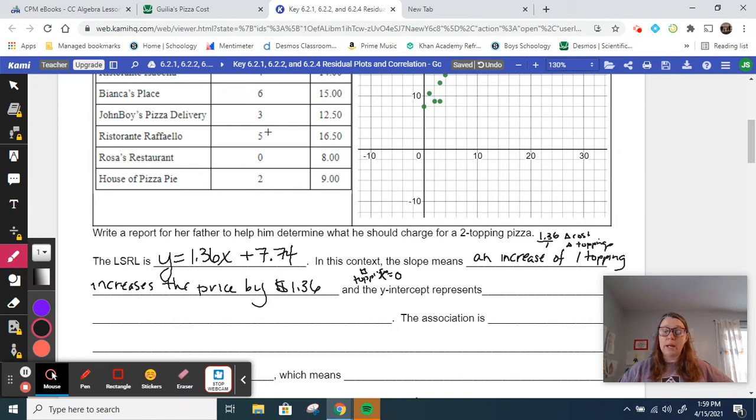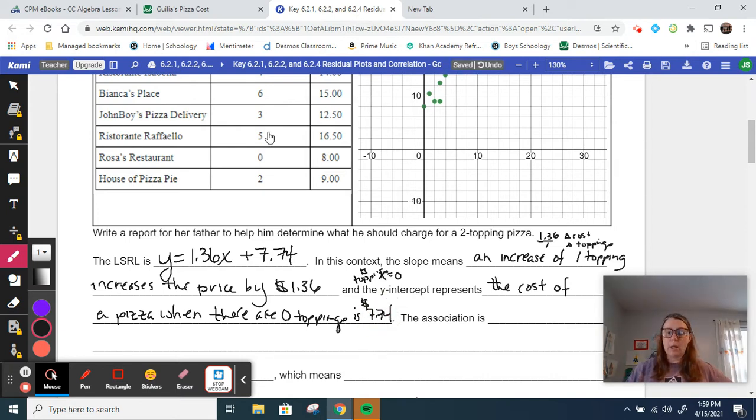So it represents the cost of a pizza when there are no toppings, which is $7.74. Okay, so notice I'm not just saying what the value is, I'm putting it in context.